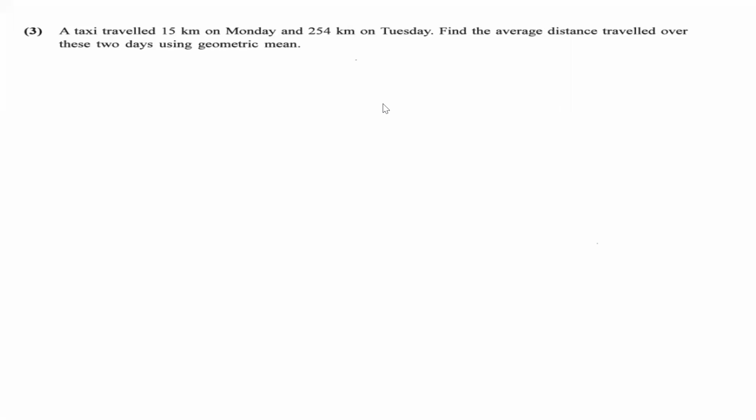Yes, it's very simple. They want to say a taxi traveled 15 kilometers on Monday. So can I say x1 is equal to 15? Roll number 43. Any doubts? No, sir. Can you say what is our x2? That's 254. Yes, x2 is our second day driving 254.